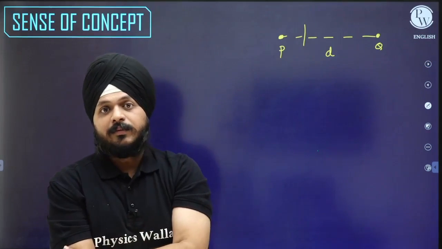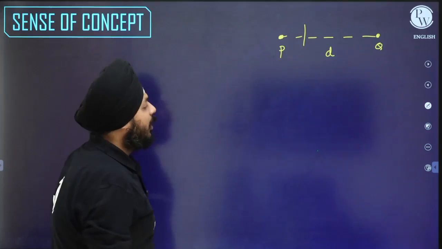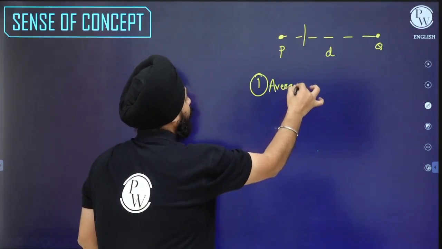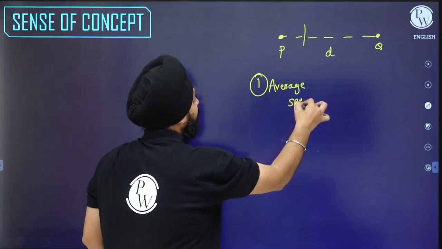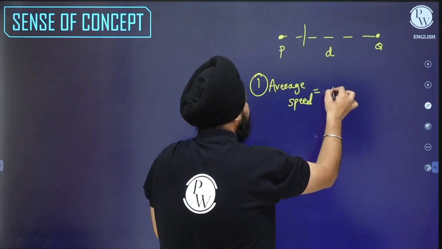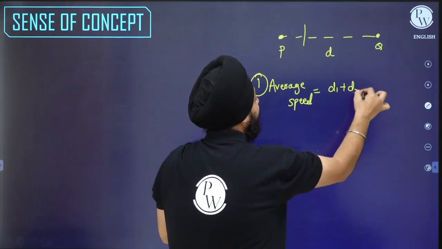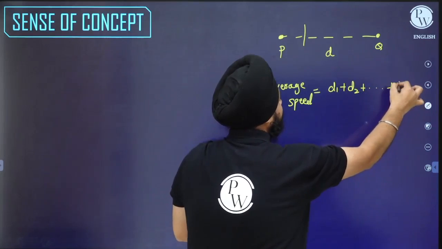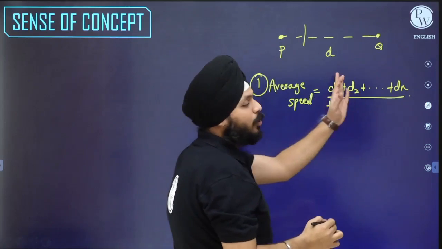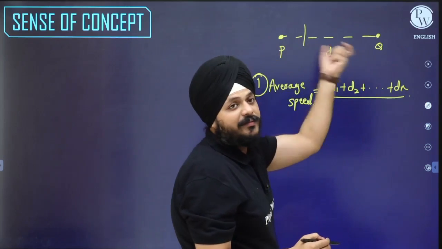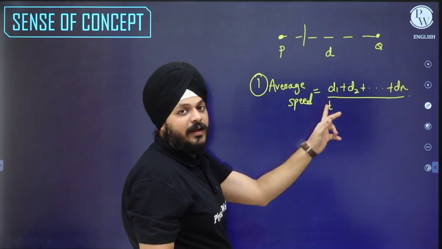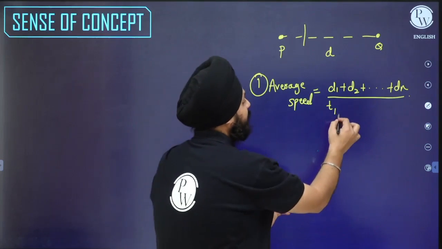Anything can happen. For all of those possibilities, we have the general formula of average speed. In all of those cases, if you are not finding any way, you can apply the direct formula, total distance by total time. If the path is broken into n intervals, we can write the formula this way. For D1, the time taken by the particle is T1.